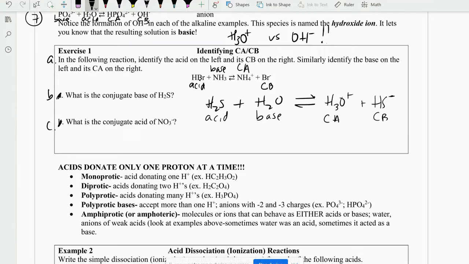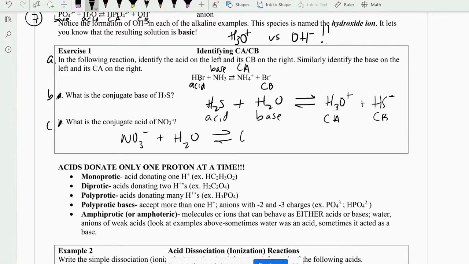Okay, last but not least, and we actually answered more than we needed to, but we covered it all here. Now, NO3 minus, again, this is happening in water, so we would need to put water here to see where our protons are coming and going. And notice this negative charge here on this nitrate ion. It will desperately want some positive charge.